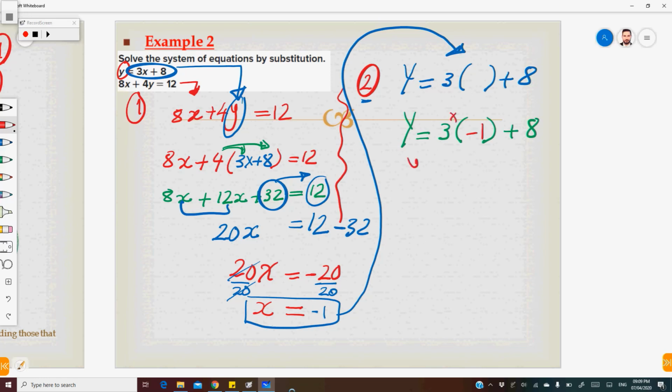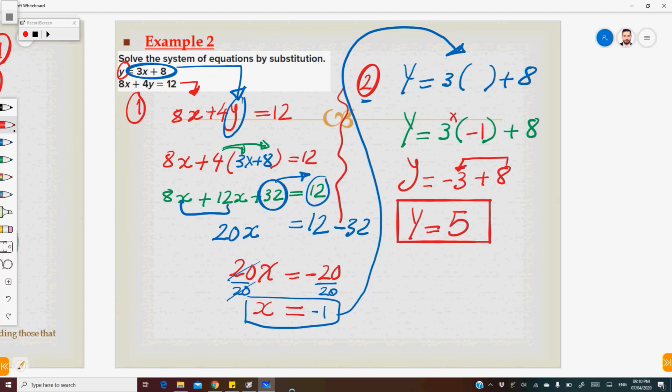Y is equal 3 times -1, -3 plus 8. Guys, how can I do positive 8 minus 3? Positive 8 minus 3, it becomes 5. Yes, good. And now I got the answer. Y is equal 5, and here is x equal -1.